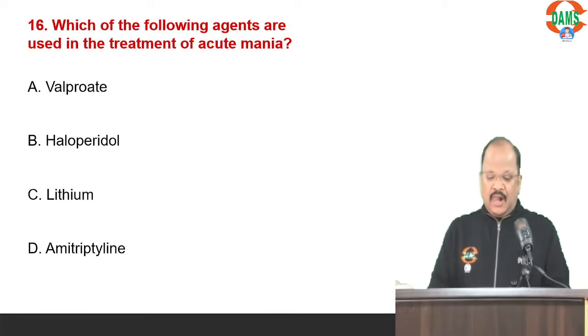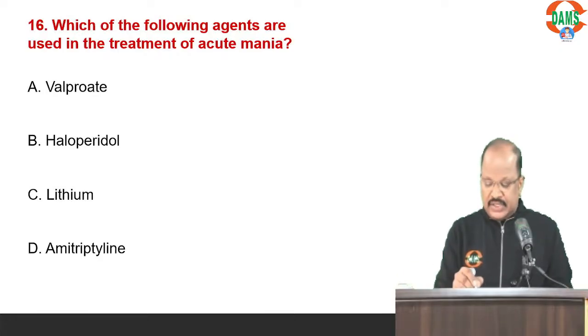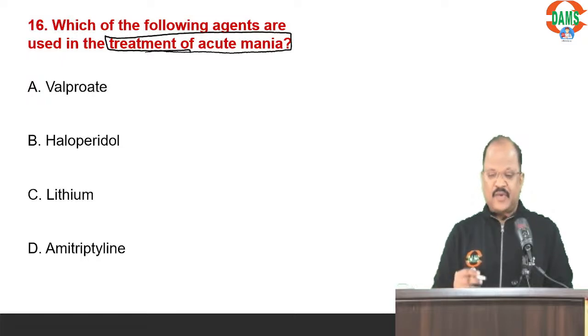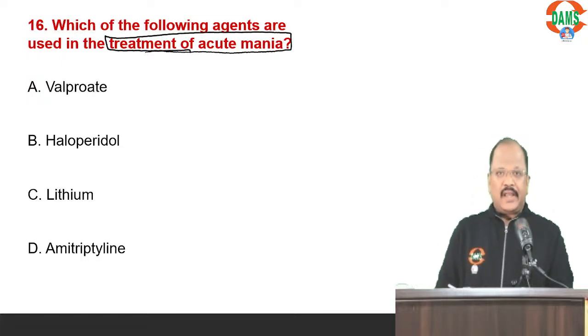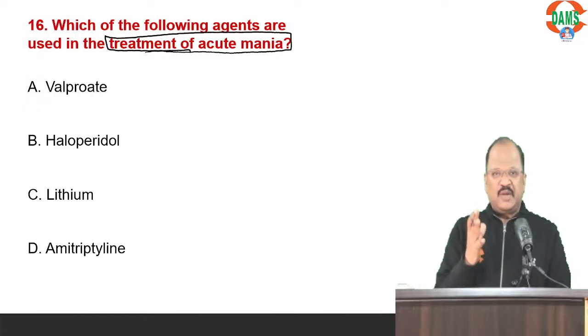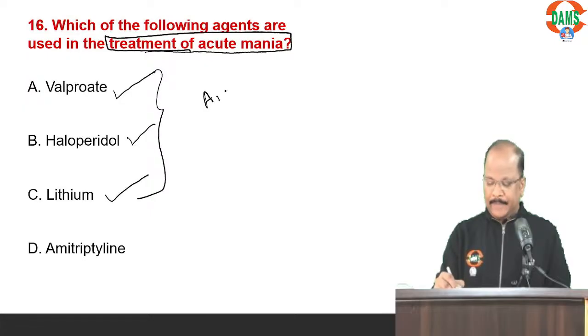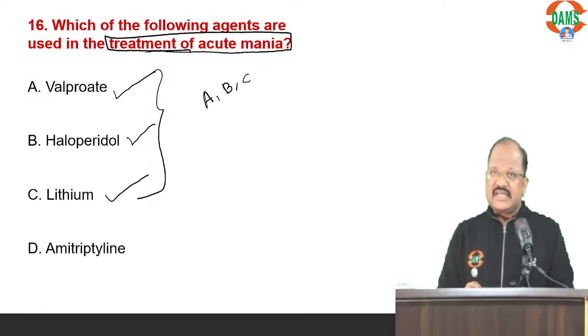Next. Which of the following agents are used in the treatment of acute mania? I think it is a super easy question. In acute mania, to control the emotion, anxiety, tension, we can go for it. It's a multiple response question. The best choices are valproate, lithium, haloperidol. So the answer is options A, B, and C. Amitriptyline is a TCA.